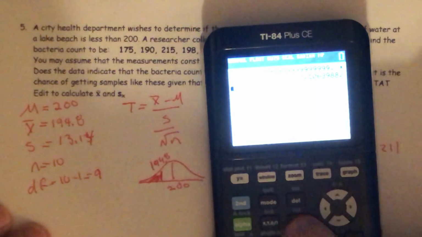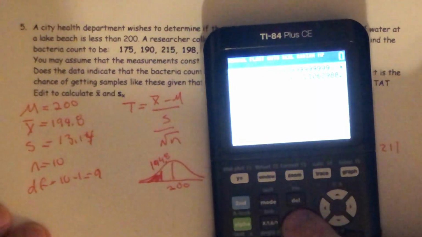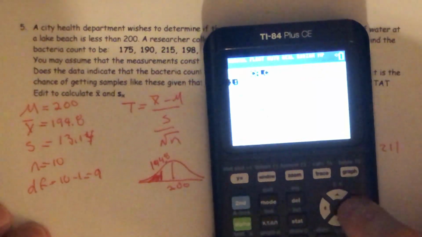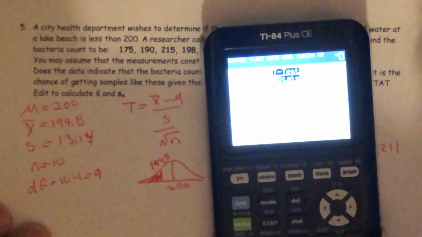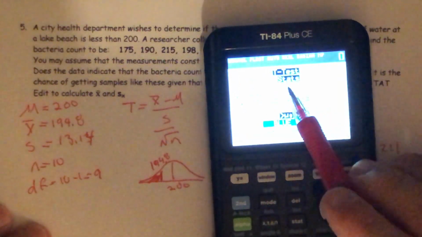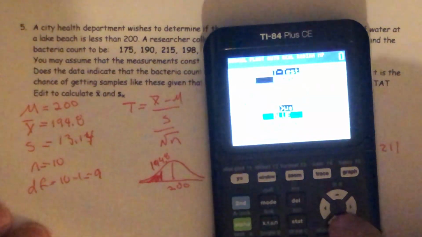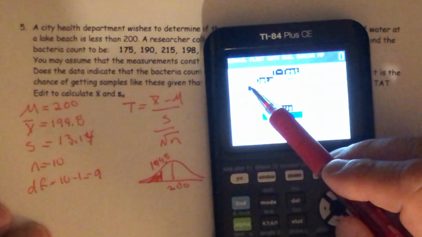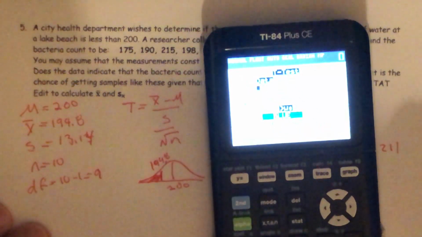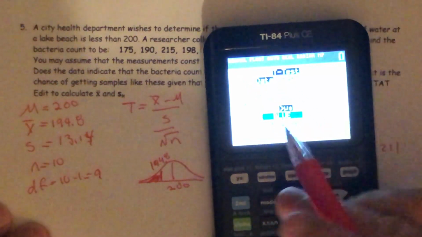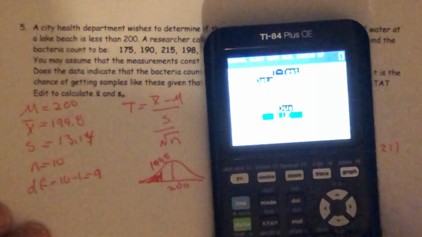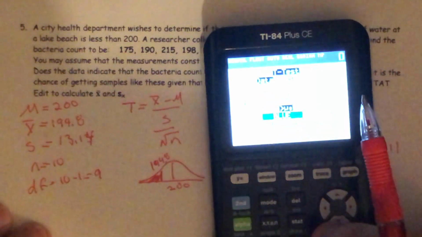Now, probably the faster way, stat, test, t-test, but this time we're not using statistics, we're actually using real data. And the calculator is pretty smart. We still have to put in our mean. Our mean claim was 200, but my data list is in L1, so second one for my data list.